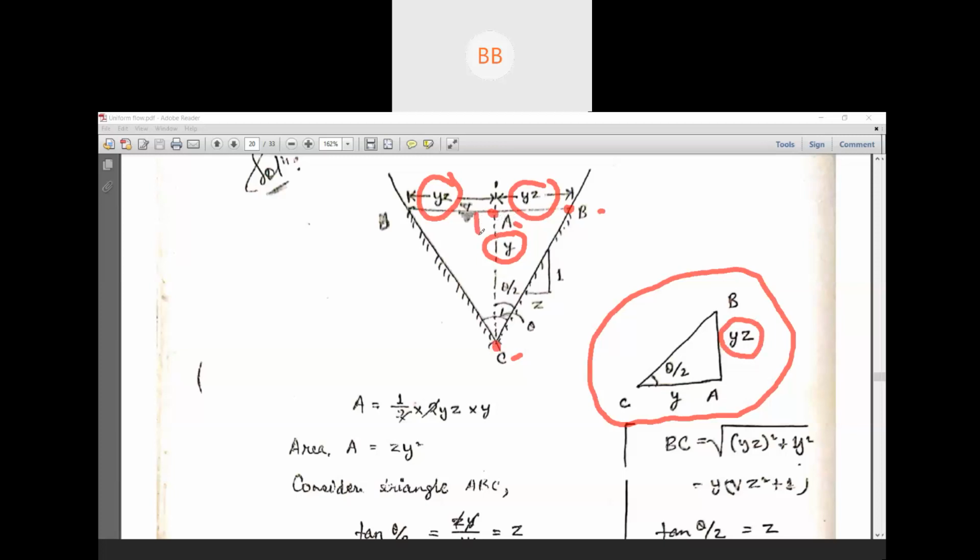This is A and this is C, so this is nothing but your depth of flow, that is why we have considered y. And then angle C for this particular triangle is theta by 2. As we have already discussed, the whole angle we have taken theta, and this vertical axis will divide the whole angle into two equal parts. So each part will be theta by 2.